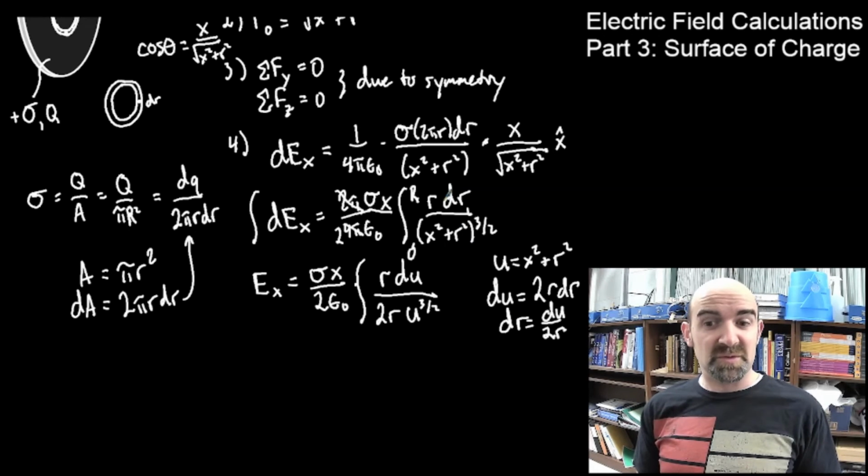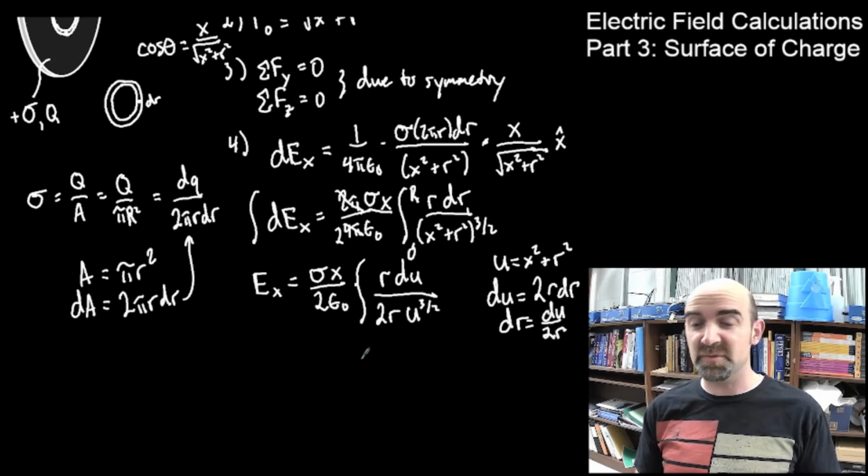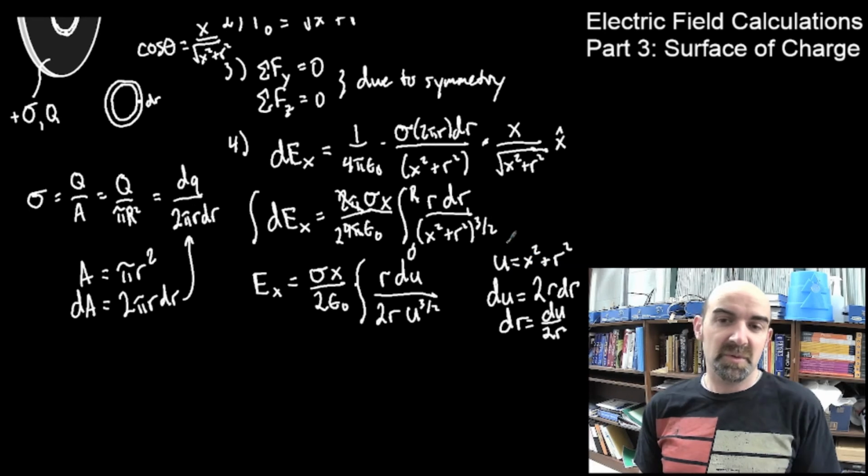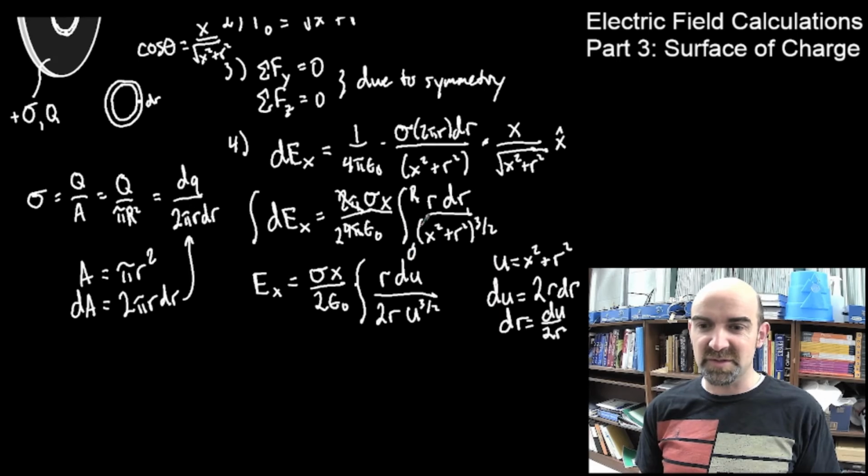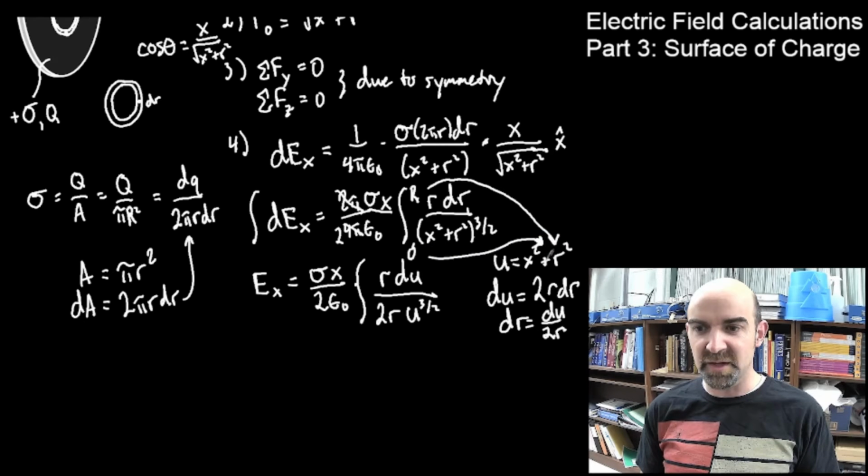Now, two ways to do this. We could just kind of leave the bounds out for a little bit, and when we get our result, we can substitute x squared plus r squared back in for u. But this one's just kind of easy enough. I'm going to plug in a capital R for this r, and a 0, and that'll give us our two bounds.